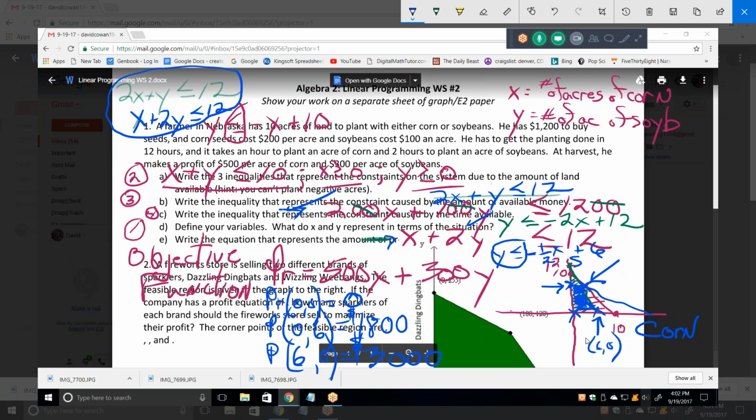Solve that system. Let's make it equals because we're trying to figure out where that point is. Solve that system of inequalities or equations. So how are you going to solve that system of equations?